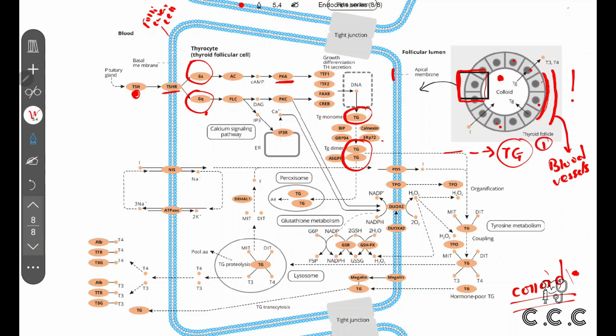So the next thing we have to look at is how iodine comes from the blood into the follicular cells. Now it's important we know that iodine is gotten through our diet, what we eat, and so in the blood it is in a form known as iodide. Now for iodide to come into your cell, it can't do it by itself.